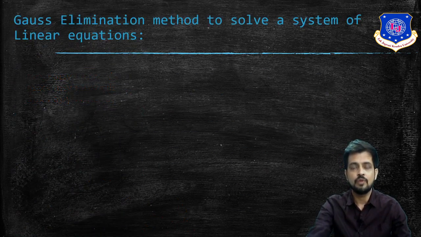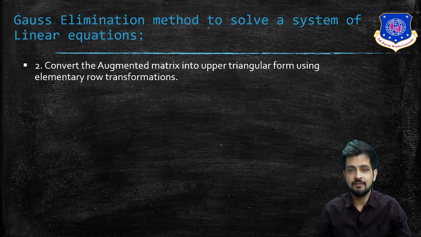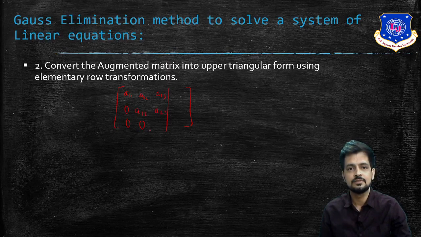Now what is our next step? Our next step is to convert the augmented matrix into upper triangular form. If you remember, what is the meaning of upper triangular form? We have to make these three elements 0, and the remaining elements' values will be changed. We will write different notations for this.